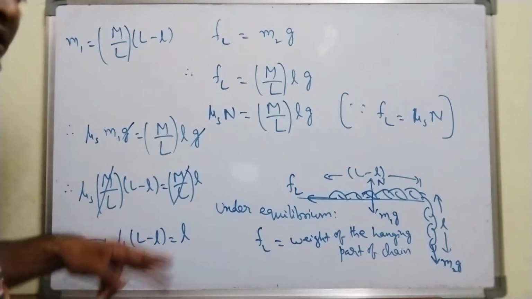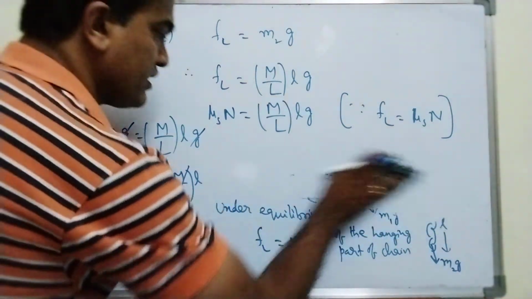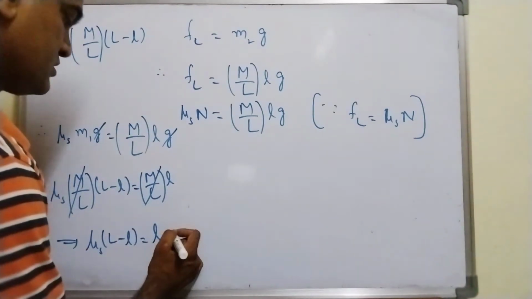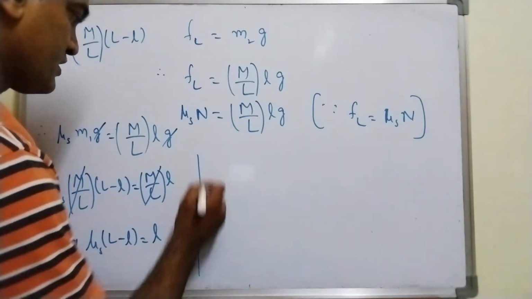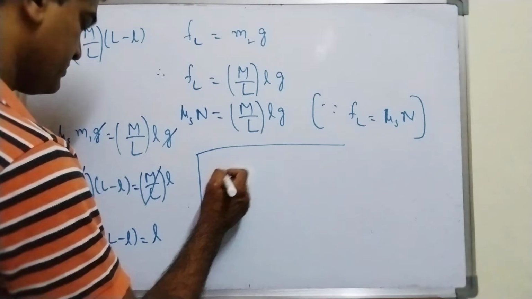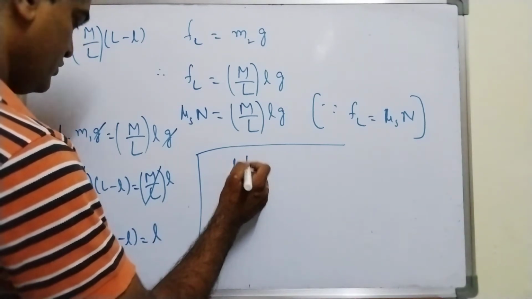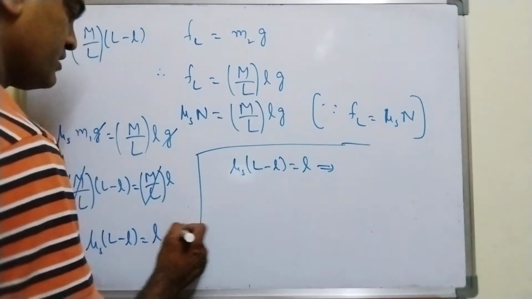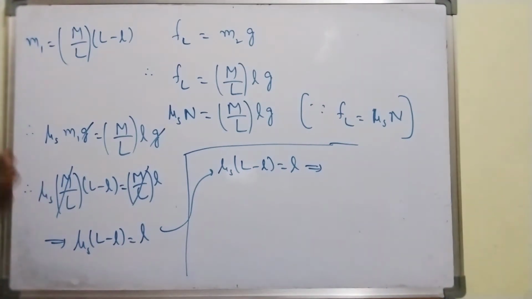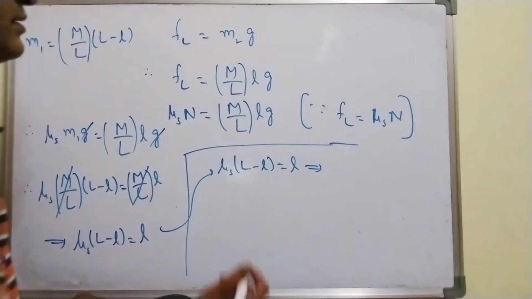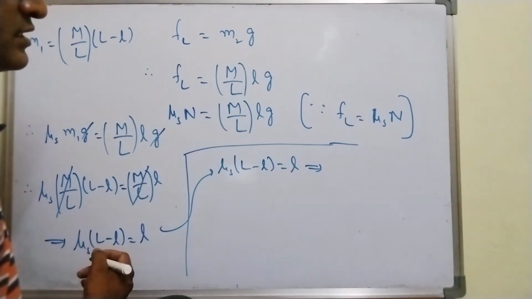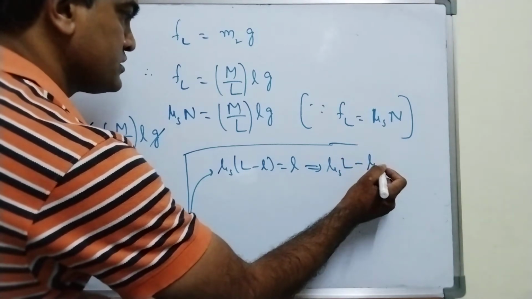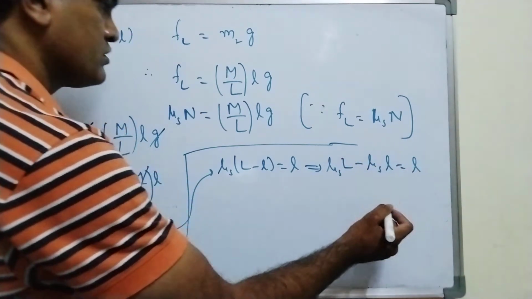So let me rearrange the terms. Let me write the same equation again: mu s into (L minus l) is equal to l. Now what will I get? I can write mu s into L minus mu s into small l is equal to l.